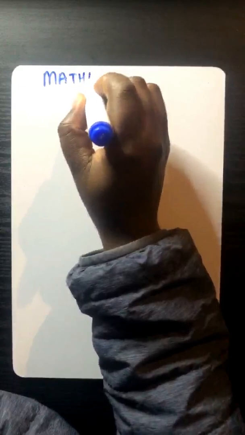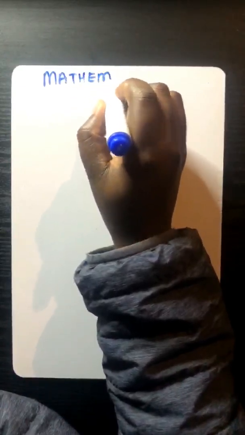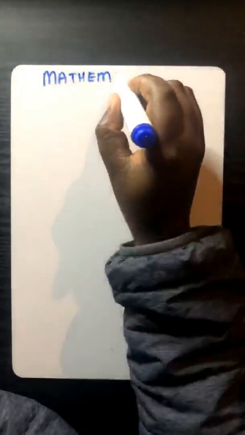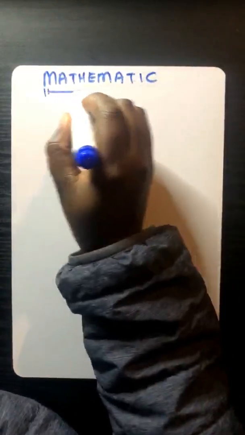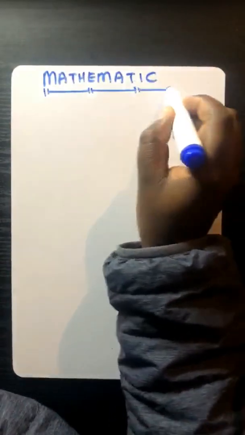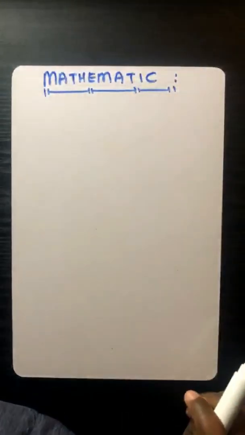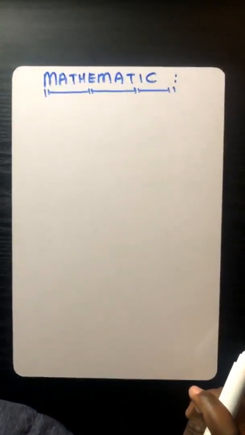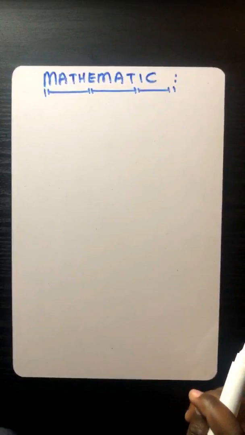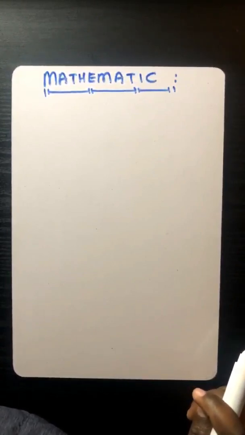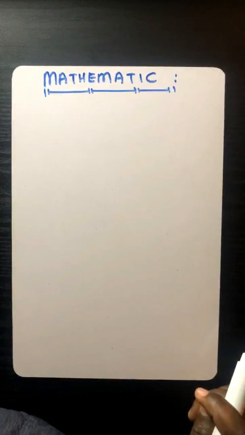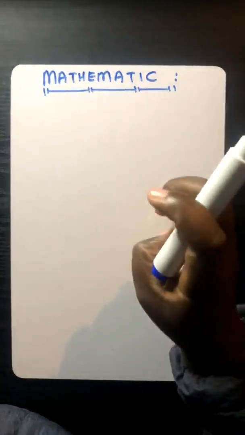So, ladies and gentlemen, obviously, since the beginning of this week, we've been looking at mathematics, specifically your functions. So in today's lesson, what I'm hoping to do is to quickly go through the last type of function that we did last week Friday.